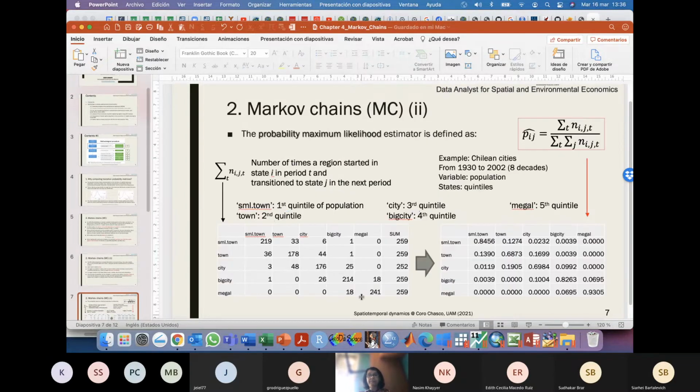Now, in the next slide, this is what we represent here. This probability can be estimated. So this is the estimator.